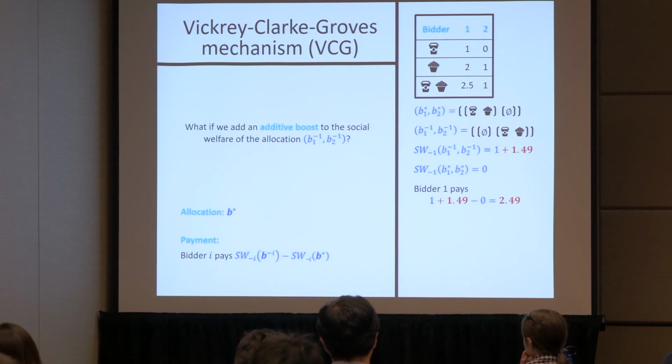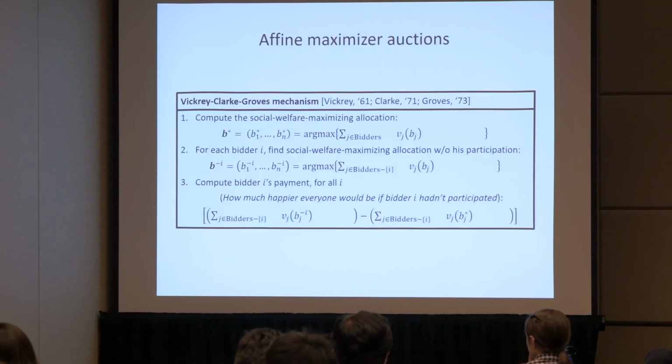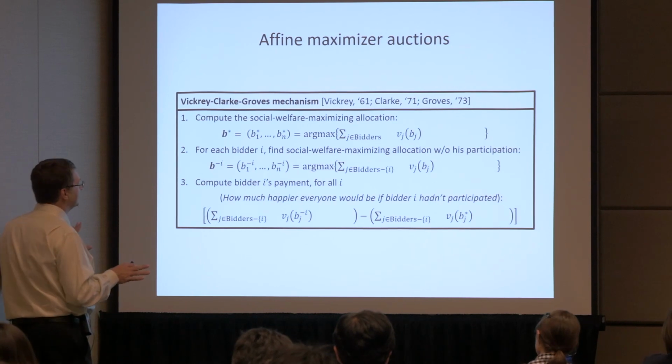This is a very simple example, of course, so you might say, okay, I may have been able to figure that out by hand if I had sat down for half an hour. But if you think about the multi-item auction, this is actually pretty tricky. So now I'm going to give you a mechanism for doing that. But first, this is the Vickrey-Clarke-Groves mechanism.